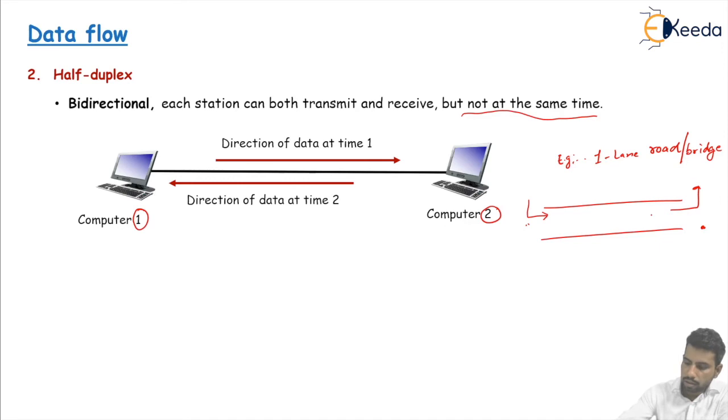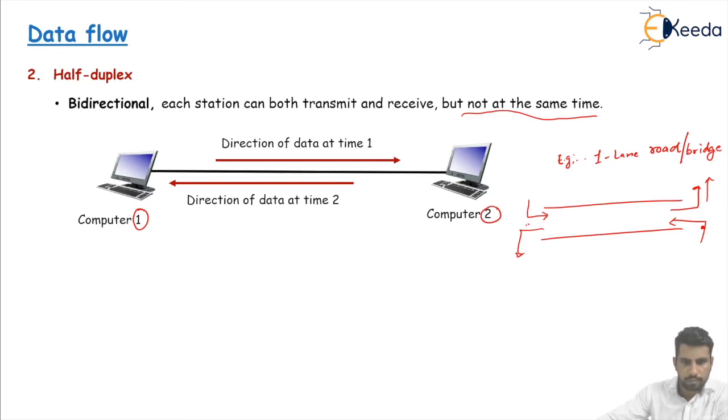And when this vehicle crosses the bridge, this vehicle comes and crosses the bridge in this direction at that time too. So both sides' vehicles are able to cross the bridge, but only one side of vehicles can cross the bridge at a time.